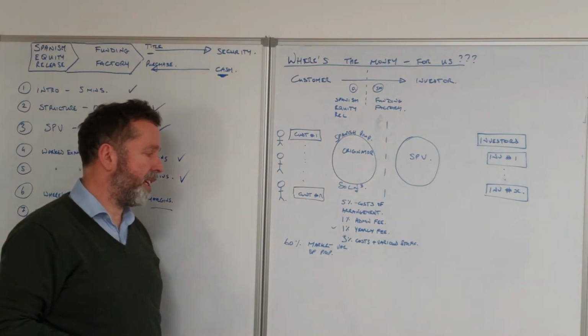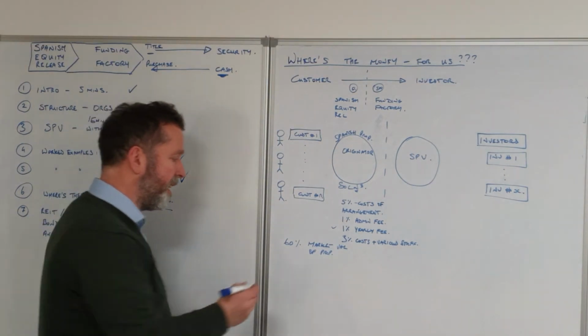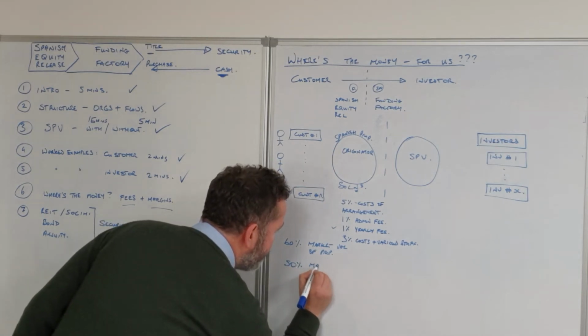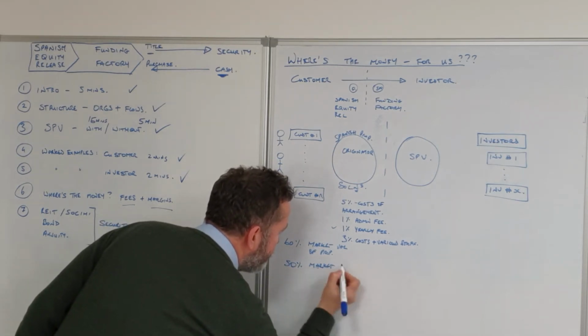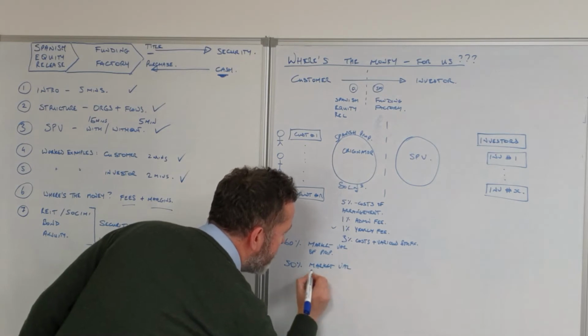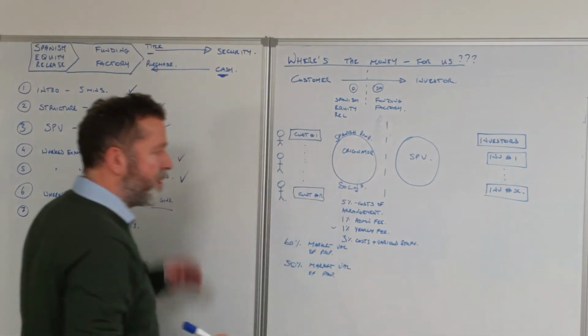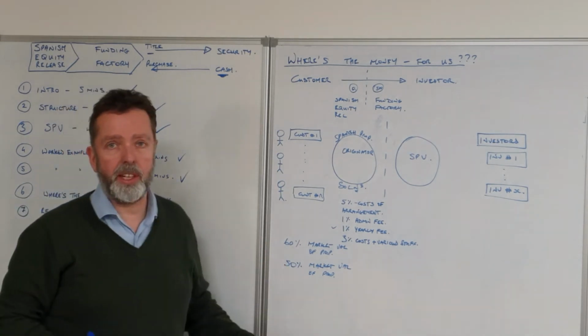In fact, it's more than 10%. They could be looking at receiving 50% of market value after all of the costs have been deducted, okay? So, I mean, that's just the way it is, unfortunately.